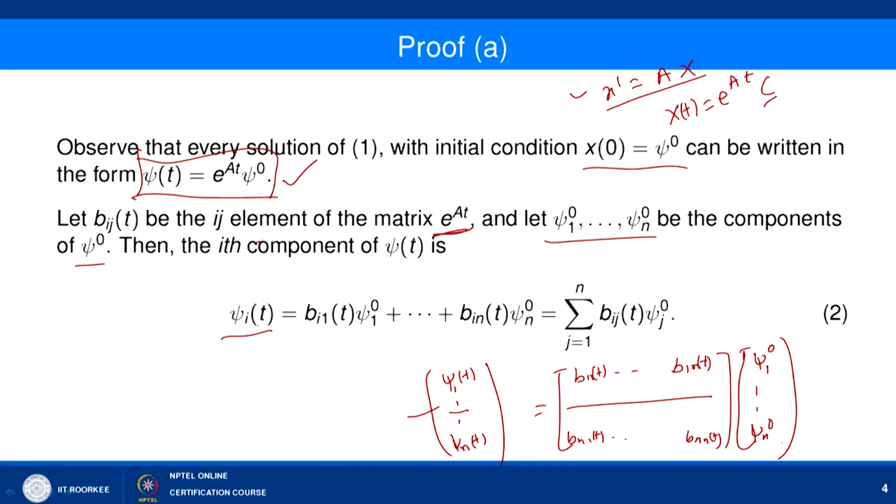It means that I can write psi_i(t) as b_i1(t) psi_1(0) plus b_i2(t) psi_2(0) and so on, b_in(t) psi_n(0), or I can write it as the sum over j equal to 1 to n of b_ij(t) psi_j(0).